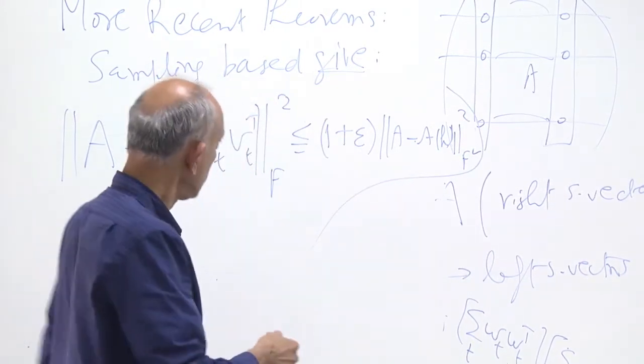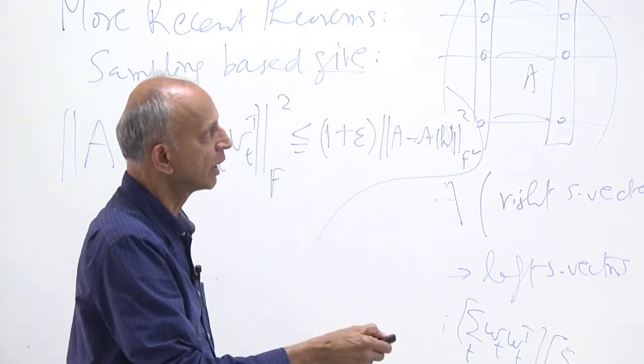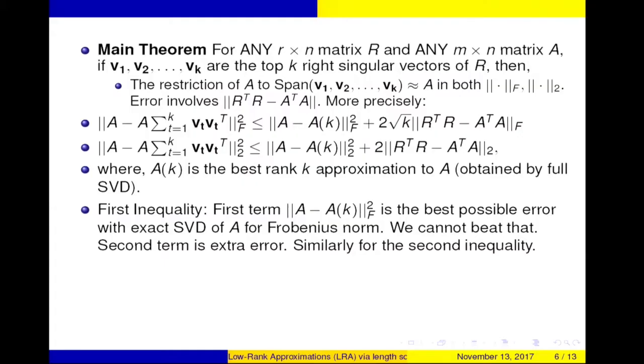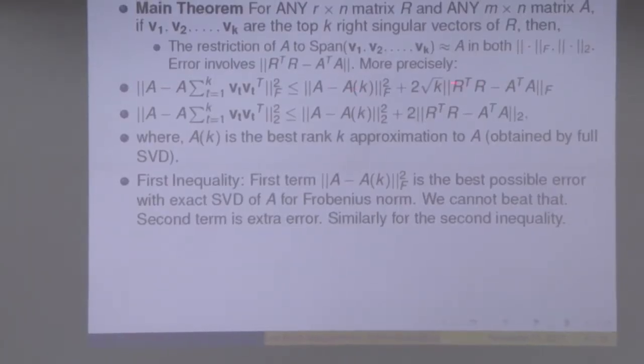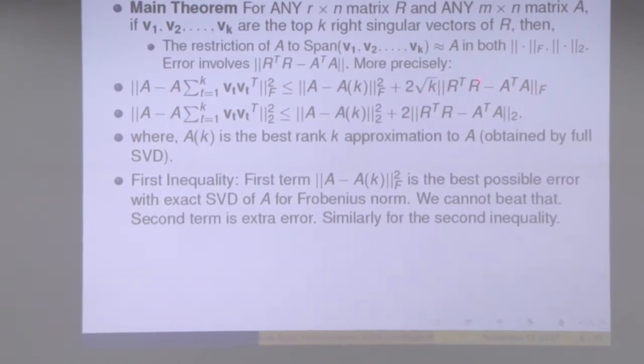These are called relative error approximations. If you were going to use principal component analysis, for instance, A minus A_k would hopefully be very small, so you would use it for matrices which are very close to being rank K. If this is very small, this other term may be much bigger. So this error term is pretty big if you did length squared sampling.